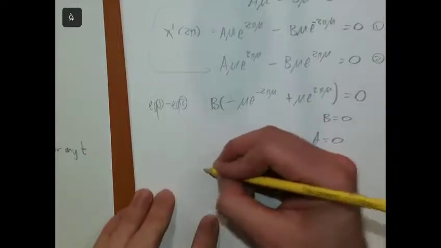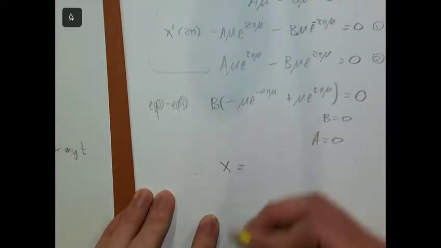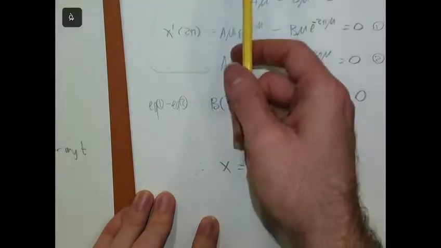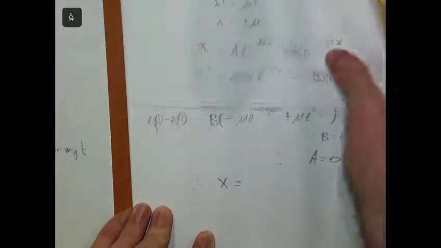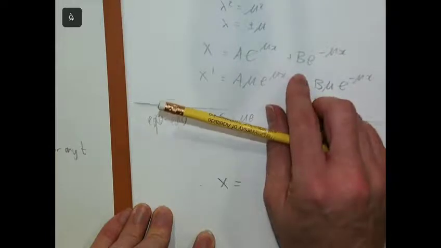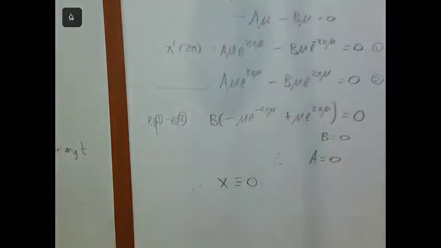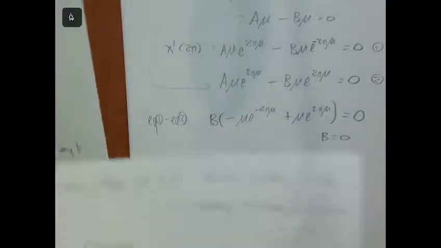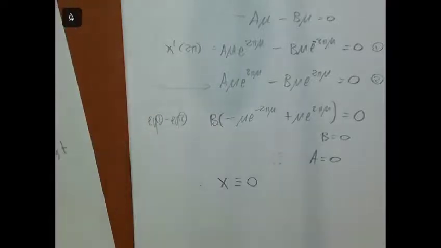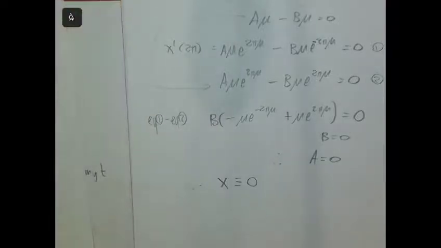And so therefore, x is 0 times e to the mu x and 0 times e to the minus mu x, so it's just the 0 function. The way that we indicate that it's always 0 no matter what x is, is to put a triple equality there, like equivalent to. So we don't get any non-zero solutions here.